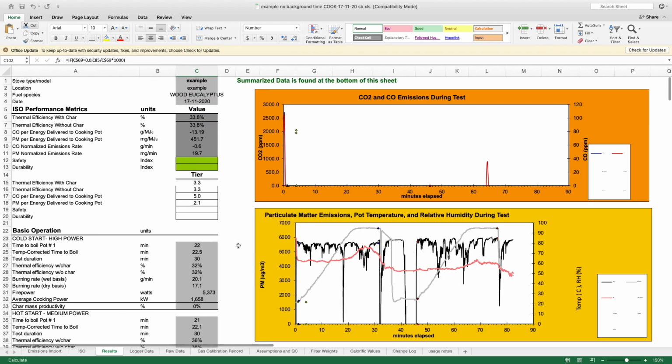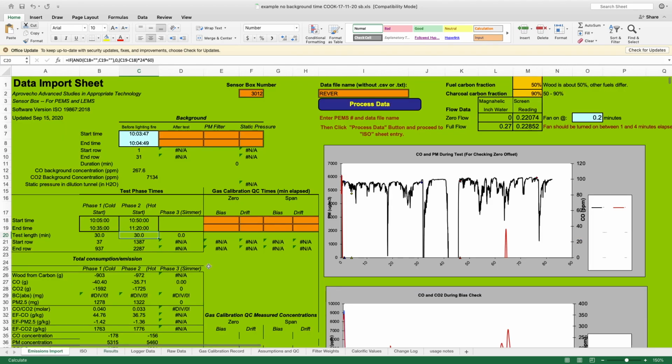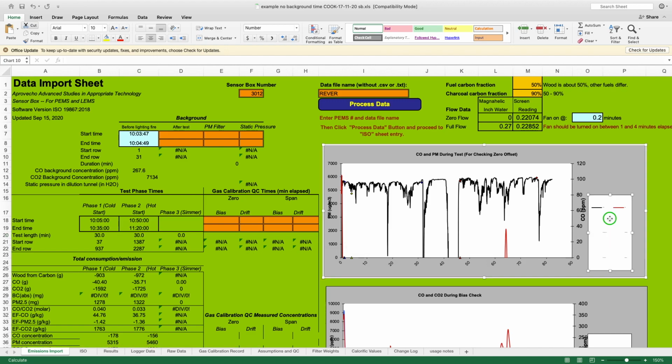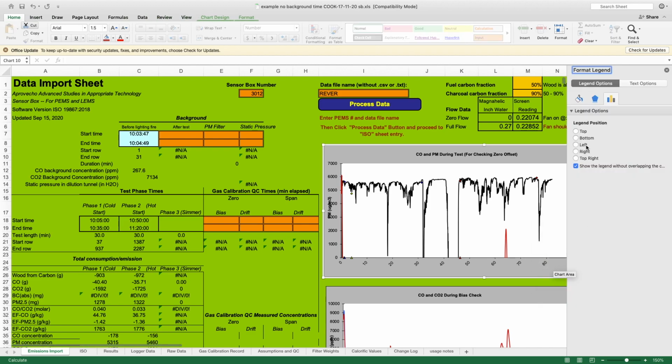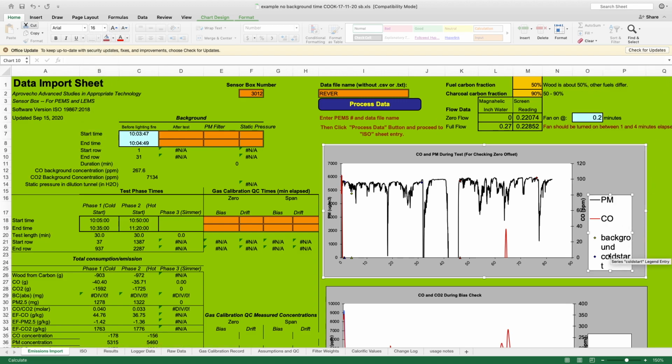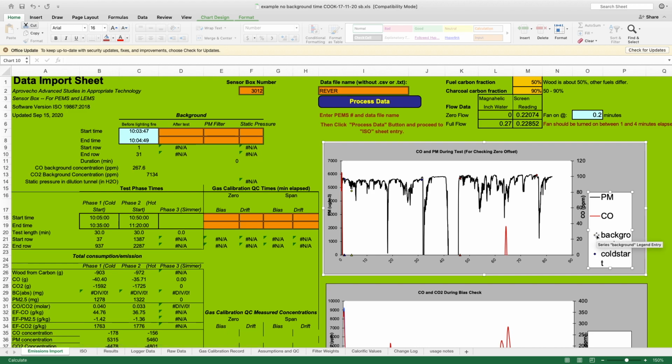So the problem is because the background wasn't measured. And so we have some blue dots, and I'll show you how to make this text bigger. So we have the background as a green dot, and the blue dot is the stove test, and the red dot is another part of the stove test.